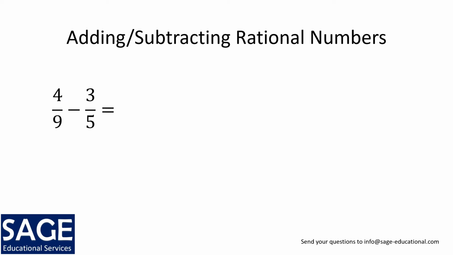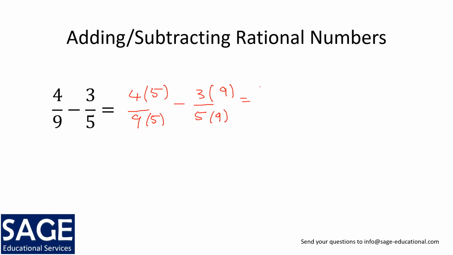Let's do 4 over 9 minus 3 over 5. Start by writing 4 over 9, multiply both parts by the denominator of the other fraction, which is 5, and then write 3 over 5 and multiply both the numerator and denominator by the denominator of the other fraction, which is 9.